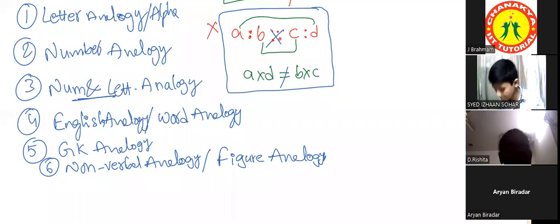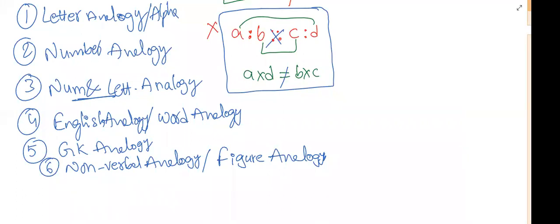Non-verbal is nothing but based on figures or pictures. Okay, we'll introduce the models one by one and later we'll go to the questions. First we'll see letter analogy. Let me give you a question based on number analogy first and later we'll go for letter analogy. Okay, first I'm giving one based on number analogy.